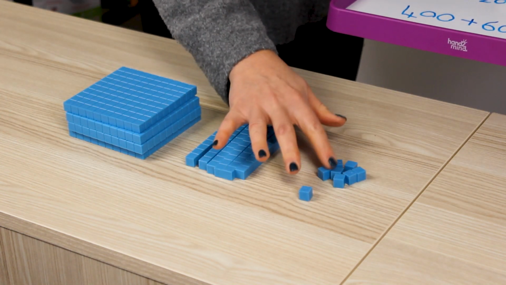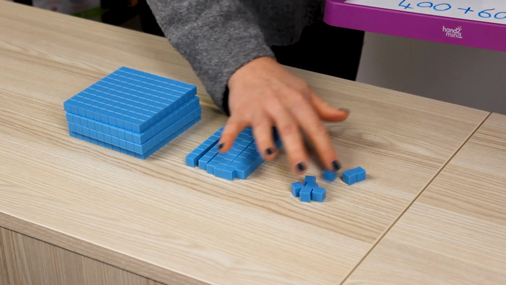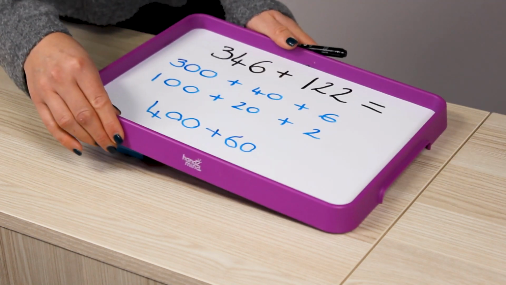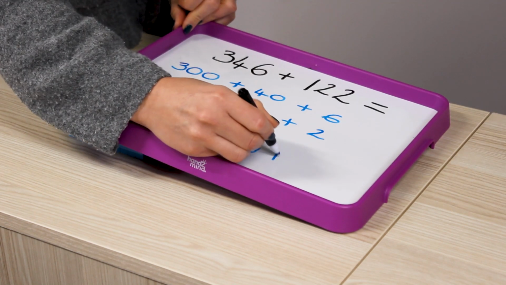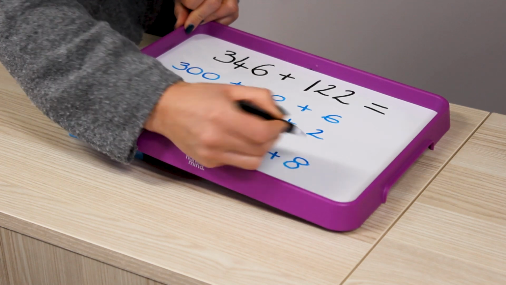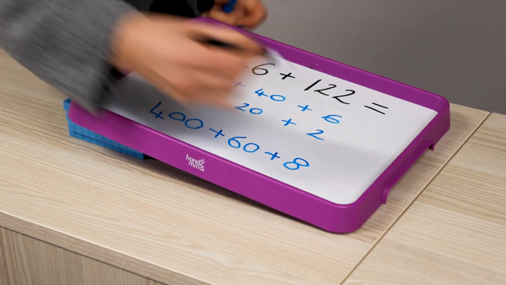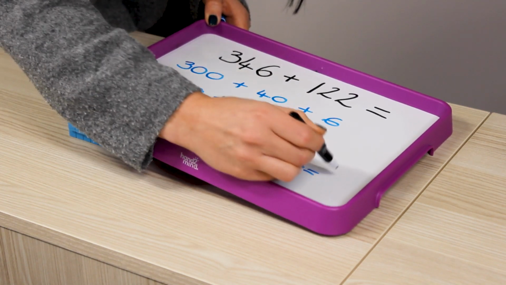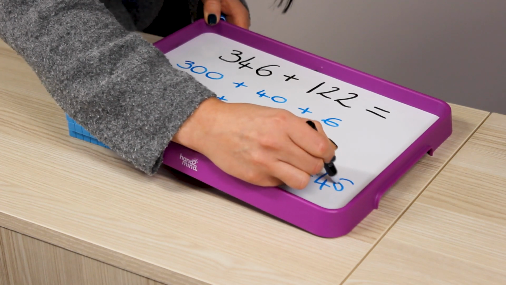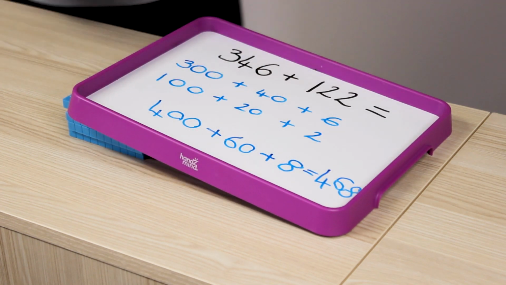We have got 1, 2, 3, 4, 5, 6, 7, 8 ones. And bring that all together, and that is going to equal 468.